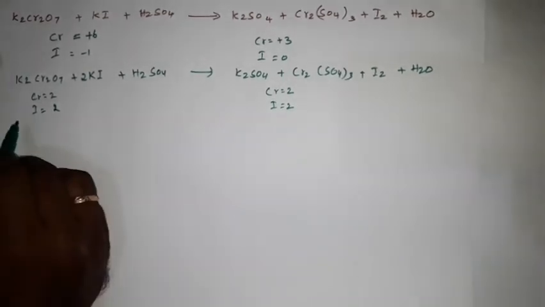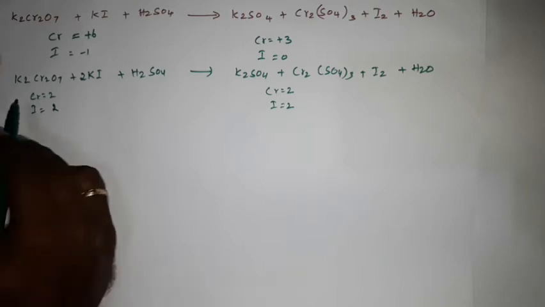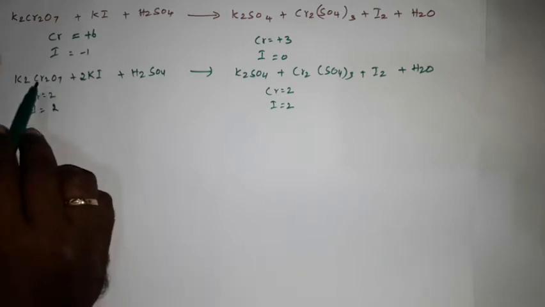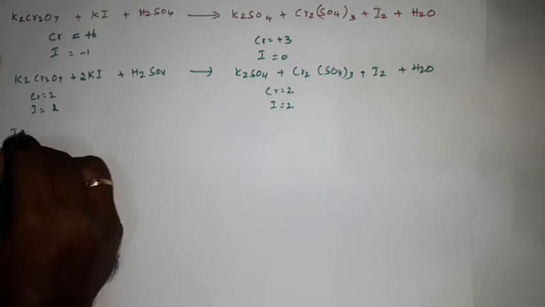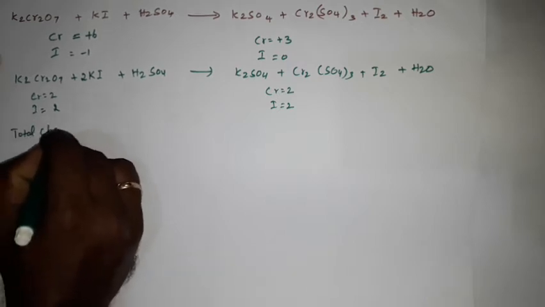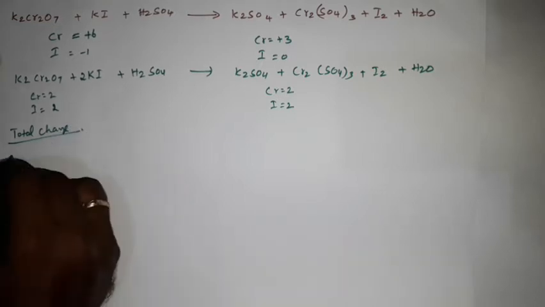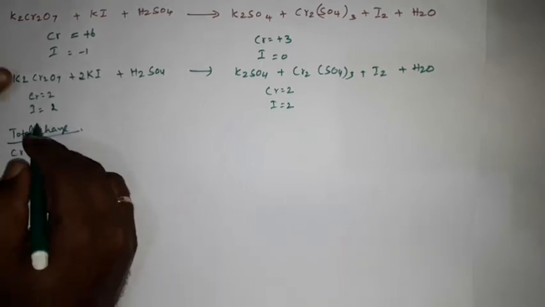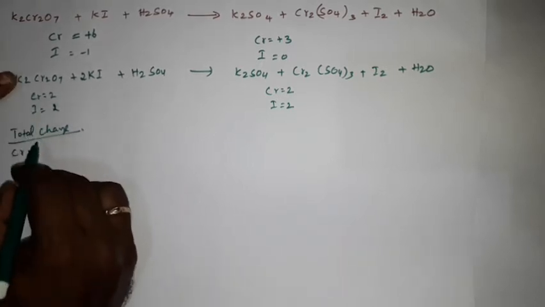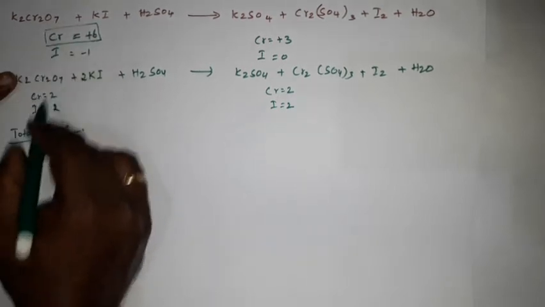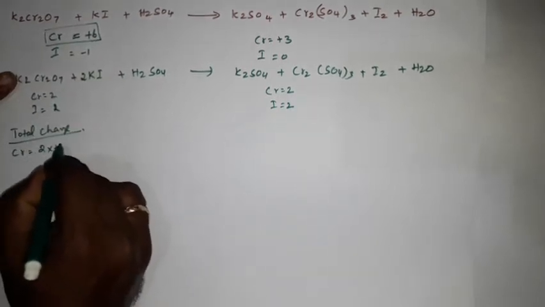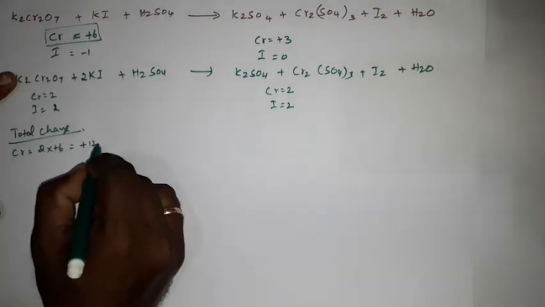Clear? Now in step 4 what we do? In step 4 you have to check the total change in oxidation number. Total change for chromium, here chromium is plus 6. Here 2 chromium is there, 2 into plus 6 equals plus 12.